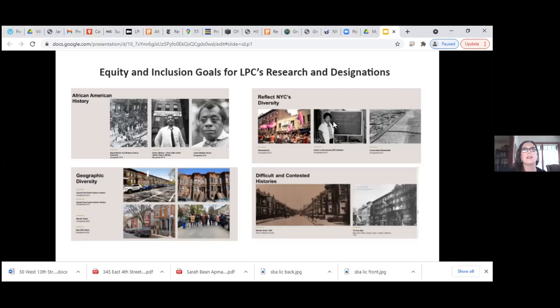Also designation of the row of five buildings that represent Tin Pan Alley, recognizing the significant contributions and achievements of African Americans in music publishing, and also acknowledging the Jim Crow laws and other unjust discriminatory practices entrenched in systemic racism that led to the racist characters and stereotypes of African Americans in the sheet music produced in Tin Pan Alley.